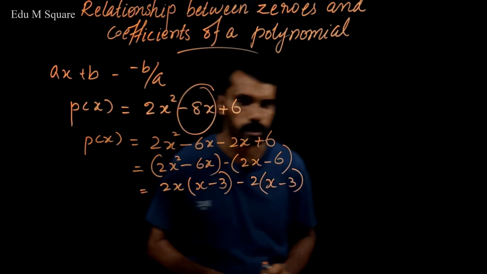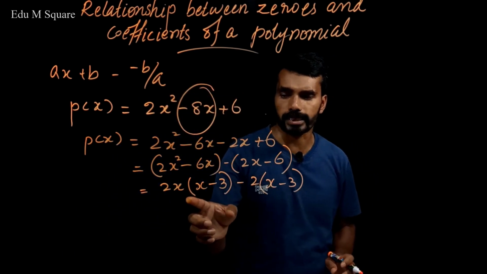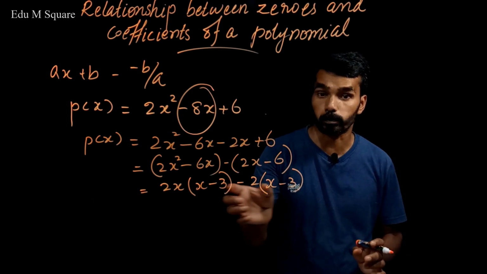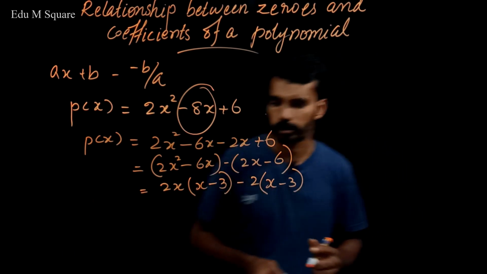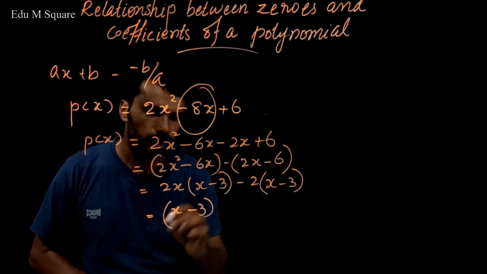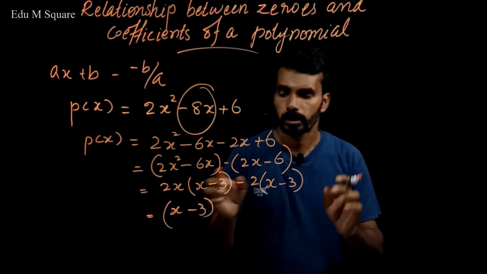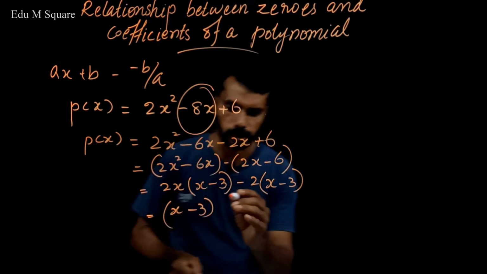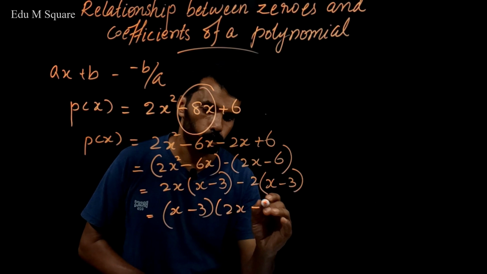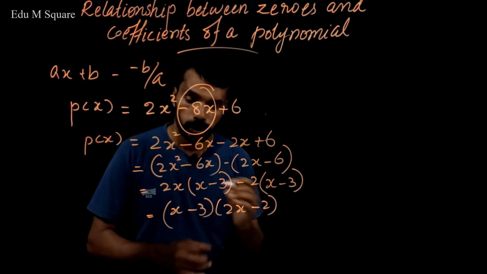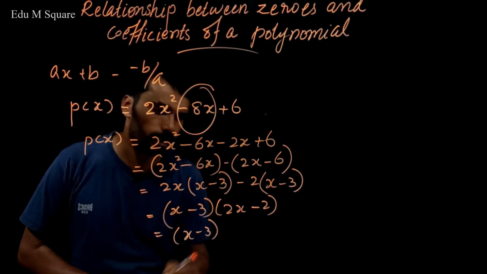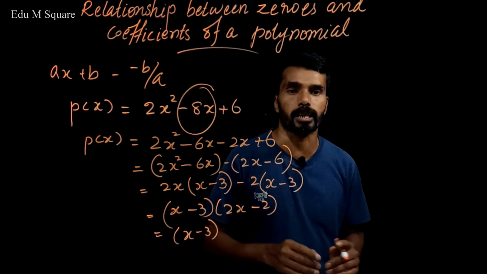Now here 2 is a common factor, so 2x into x minus 3 minus 2 into x minus 3. Here x minus 3 is a common term. So this is equal to x minus 3 into 2x minus 2.